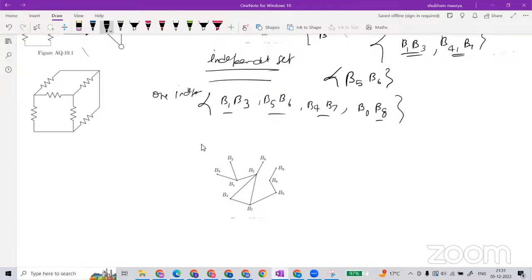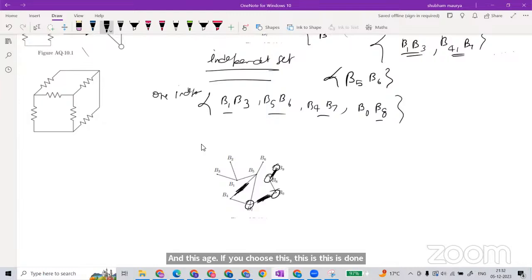Okay, anyone? If we choose this edge, and this edge, and this edge, then this is done, this is done. If you choose this edge, this is done, this is done. If you choose this one, this is done. Now there is still an issue with this one.